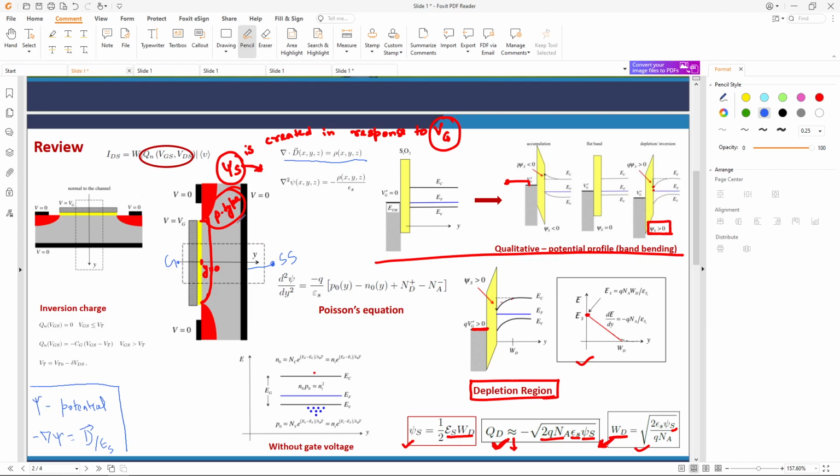So in the case of an N-channel MOSFET, the conduction band bends below the Fermi level and there is an accumulation of electrons. And in the case of a P-channel MOSFET, the valence band bends upwards over the Fermi level, which leads to the accumulation of holes.